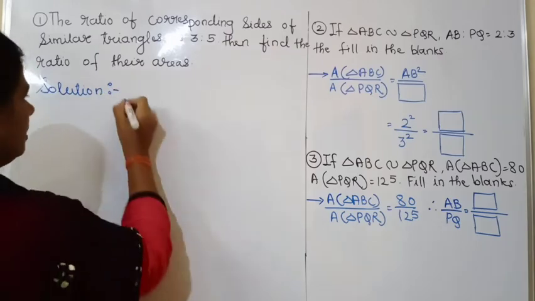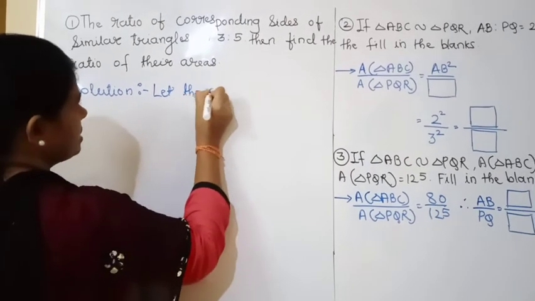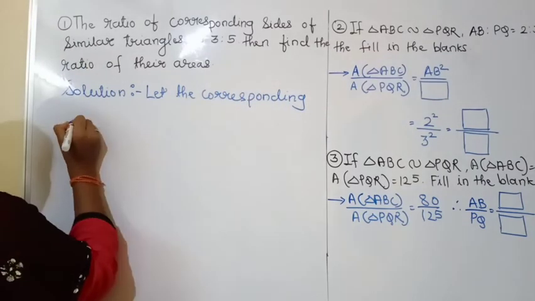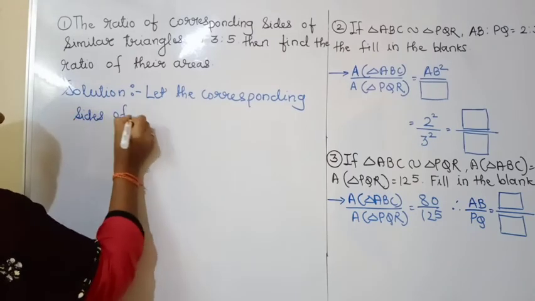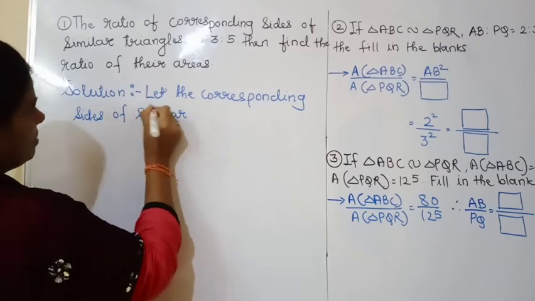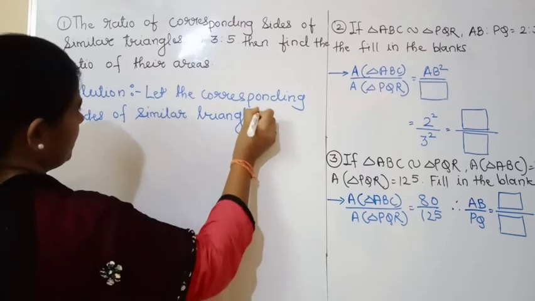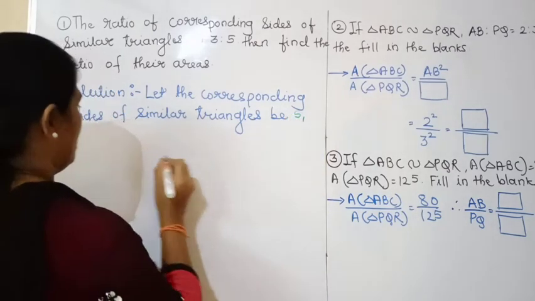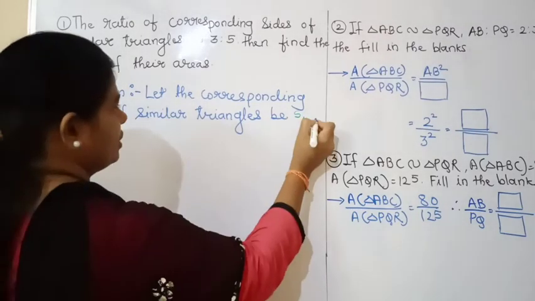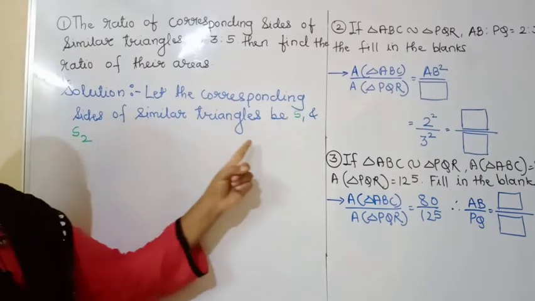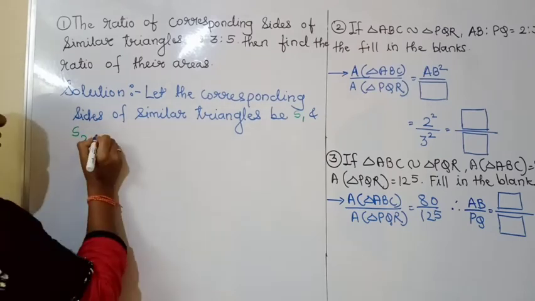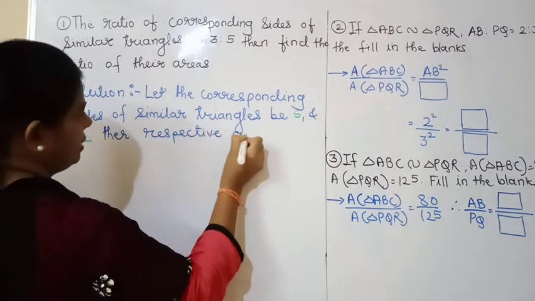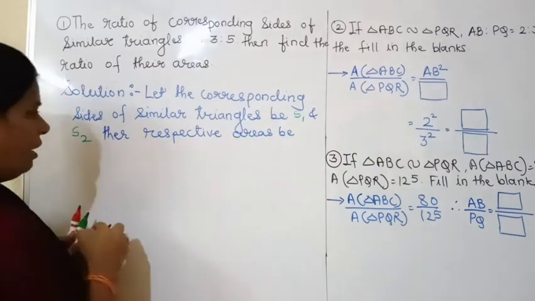Now here we'll consider, let the corresponding sides of similar triangles be S1 and S2, and their respective areas be A1 and A2.